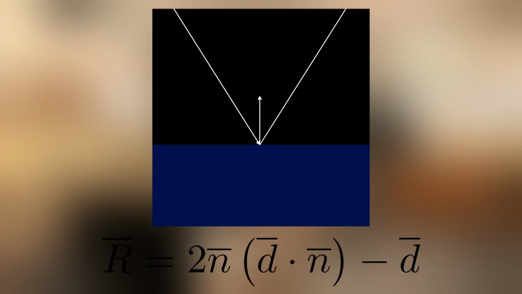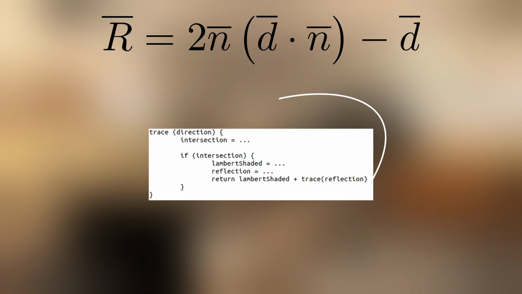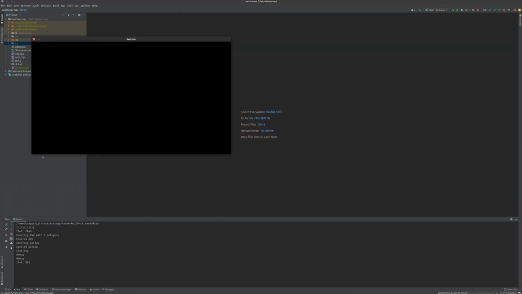In addition to the aforementioned diffuse component, we can do something cool. Based on the surface normal, a reflection ray can be formed using this rather complicated formula. By making a recursive call to a tracing function with a new reflection ray, we can model specular reflections, or in other words, mirror images. When combined with spheres and other curved objects, the results look very cool.